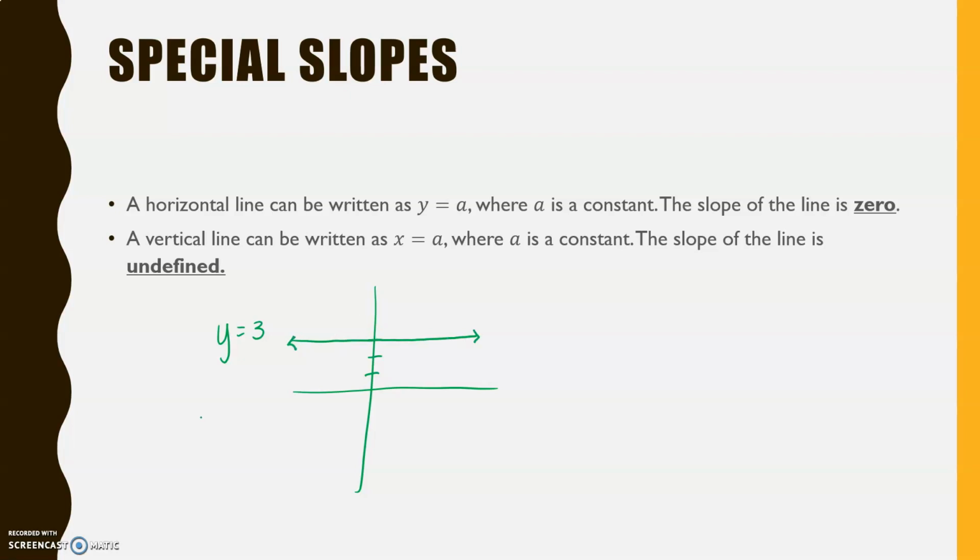The slope would be 0 over however many spaces you move, and 0 divided by anything is 0. Whenever we see y equals a number, it's a horizontal line. The way I remember it is that whatever variable is by itself, that's the axis it crosses. And it can't cross the y-axis vertically. That doesn't make sense.